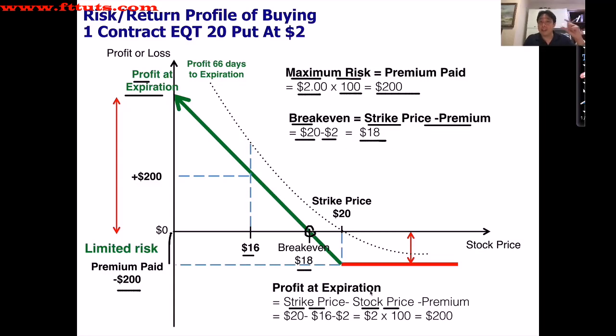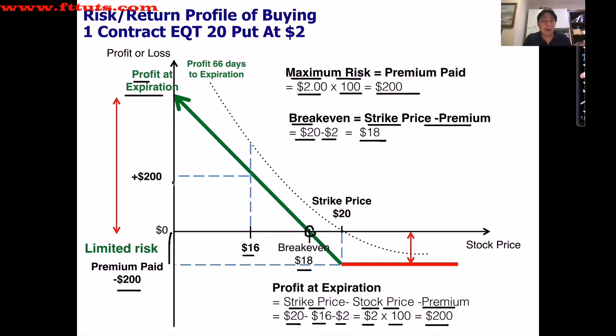That gives me the intrinsic value of the option. And I have to deduct the premium that I paid to get the net profit. Correct? Okay, so $20 minus $16 is $4. $4 minus $2 is $2. So my net profit will be $2 at expiration. Multiplied by 100 shares, that's $200.